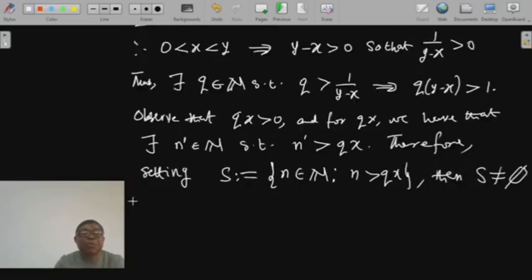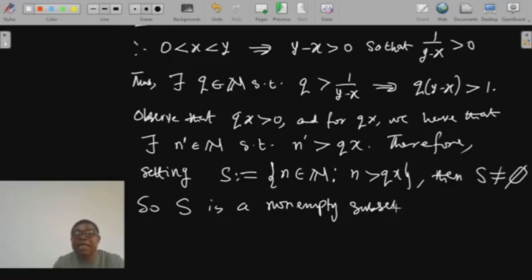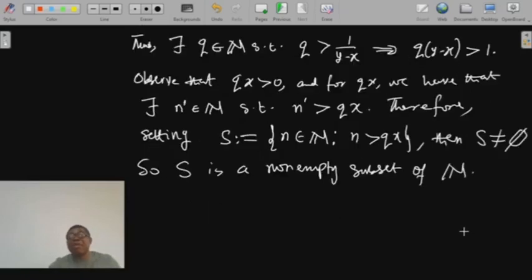So, S is a non-empty subset of the set of natural numbers. And the set of natural numbers has an interesting property which I had not mentioned before.